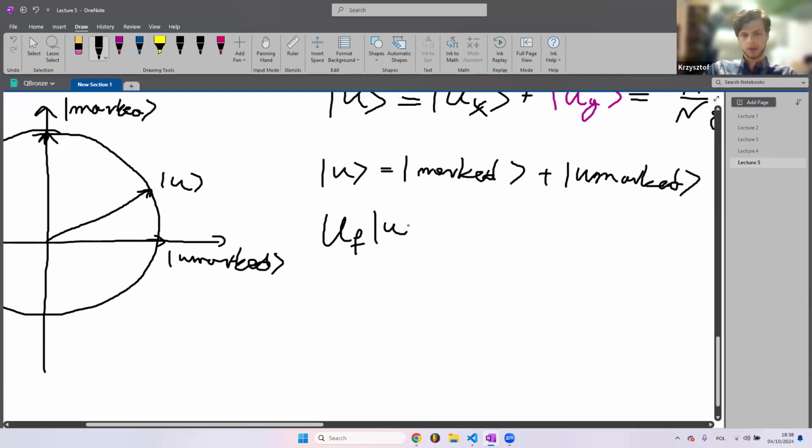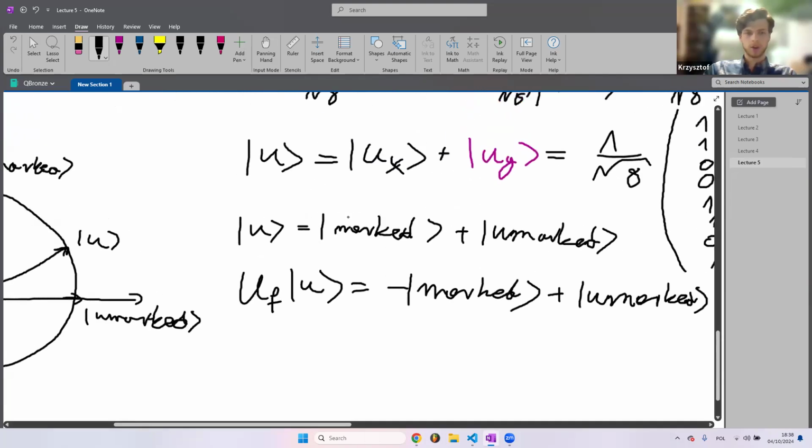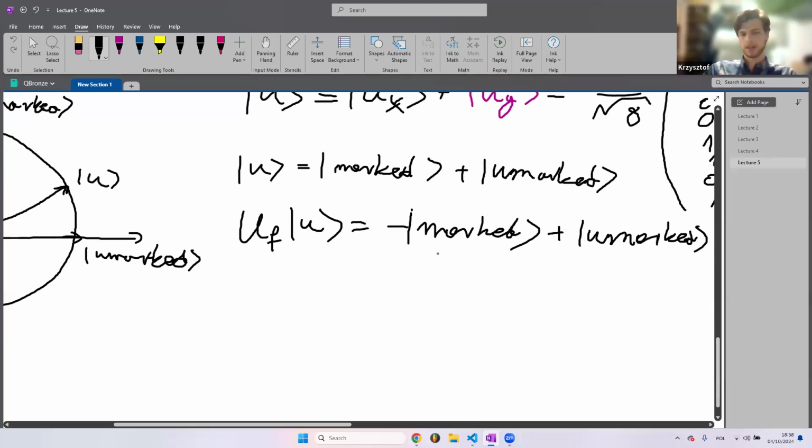On the state U it will become minus marked and plus unmarked. So this operator acts only on the marked elements and changes their phase, putting a minus sign.